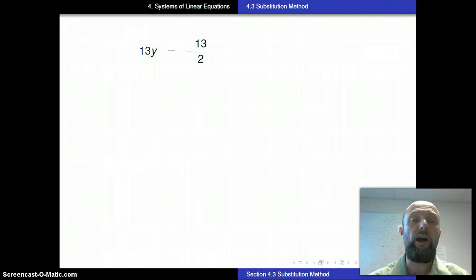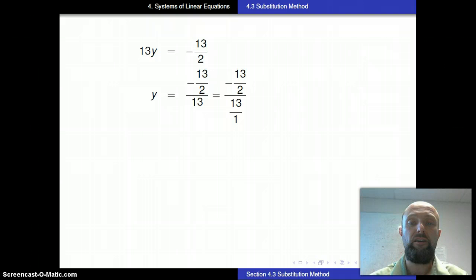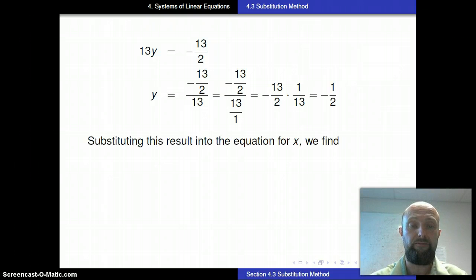To solve for y, we divide both sides by 13. If you have problems at this point, it is probably because you did not recognize that dividing by 13 is the same as dividing by the fraction 13 over 1. How do we divide one fraction by another fraction? By multiplying by the reciprocal fraction. Now we can simplify and we find y is equal to negative a half.